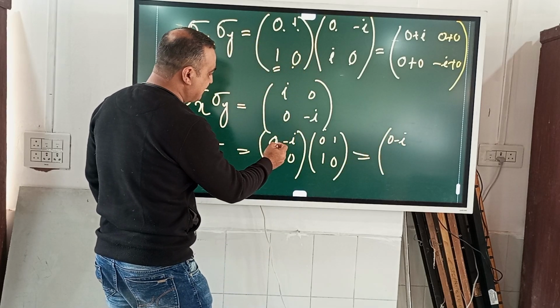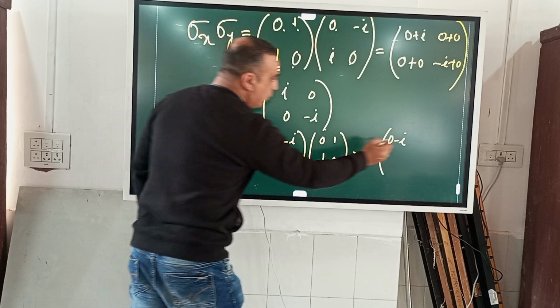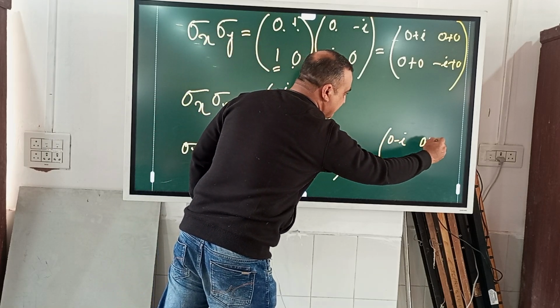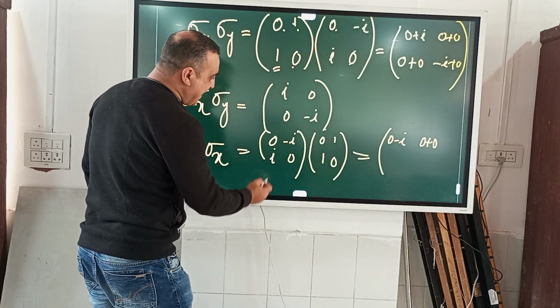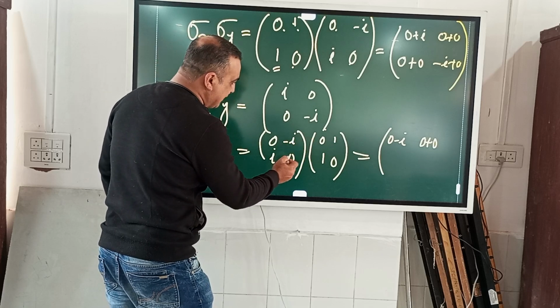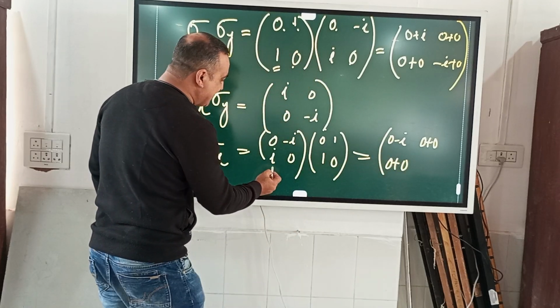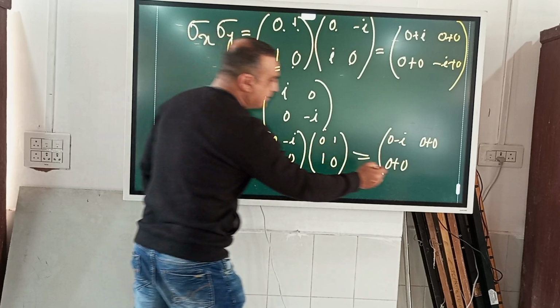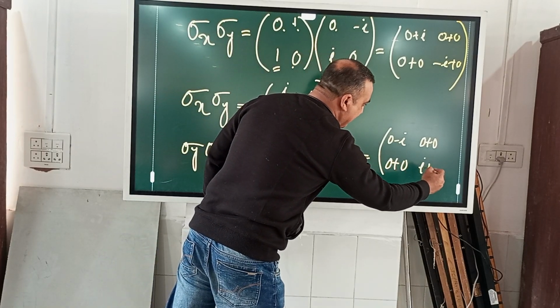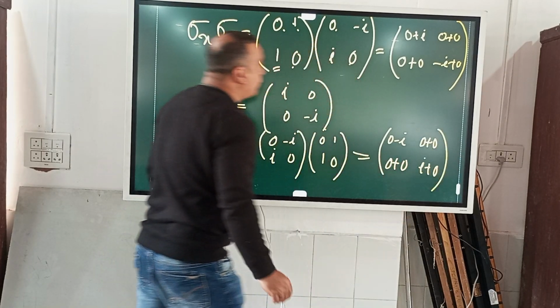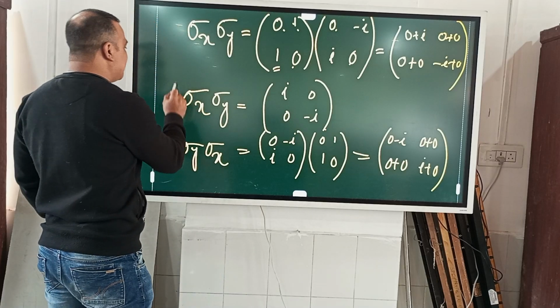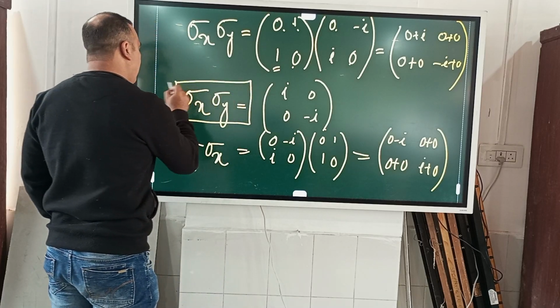The next term will be 0 and 0, so this will be 0 plus 0. Now the next is i. This is 0 and this is 0, so you'll have 0 plus 0. And the last will be i plus 0.